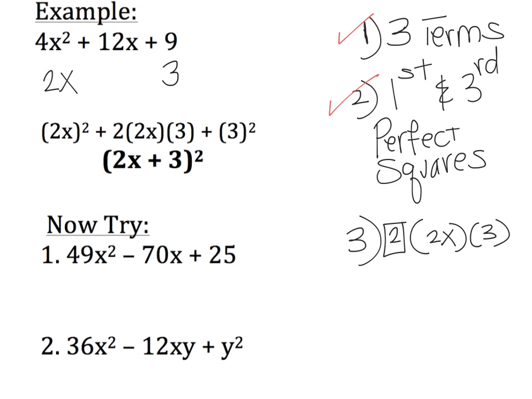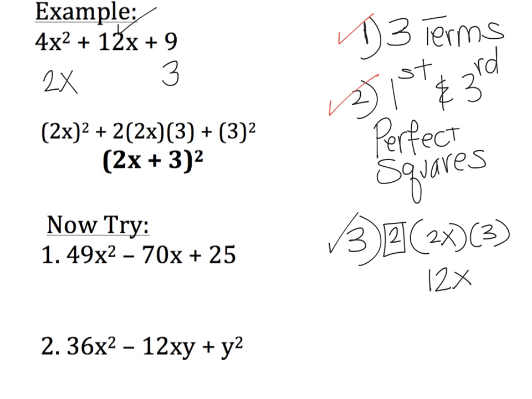So 2 times 2x times 3 will give me 12x, which is the middle term. So all 3 rules are satisfied. Let's review what they are. Again, when you understand this lesson, it's not going to take you this long to do it. You can directly look at the numbers and recognize that. And once you recognize the pattern, then factoring will be very fast.